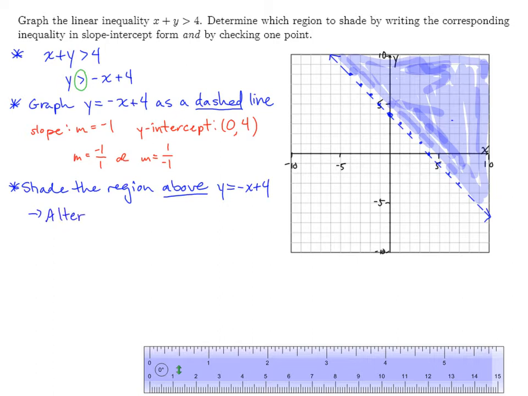So shading the region above, I knew because of the strictly greater than sign. An alternate approach is to find a checkpoint. And when I find a checkpoint, I will choose one point, and if it satisfies that original inequality, I will shade that side. If it does not satisfy the original inequality, I will shade the other side.